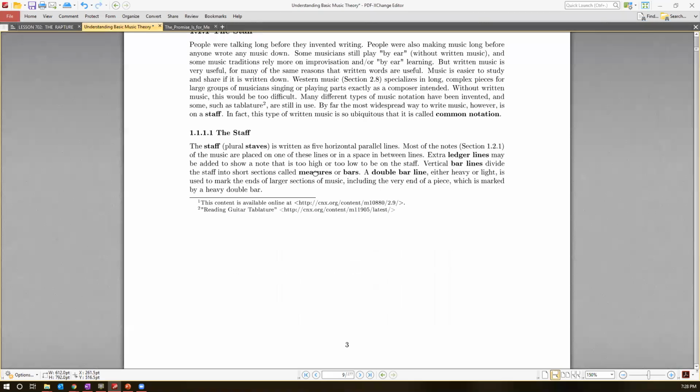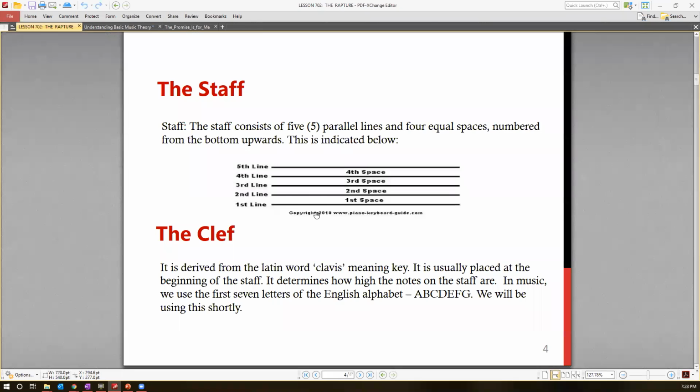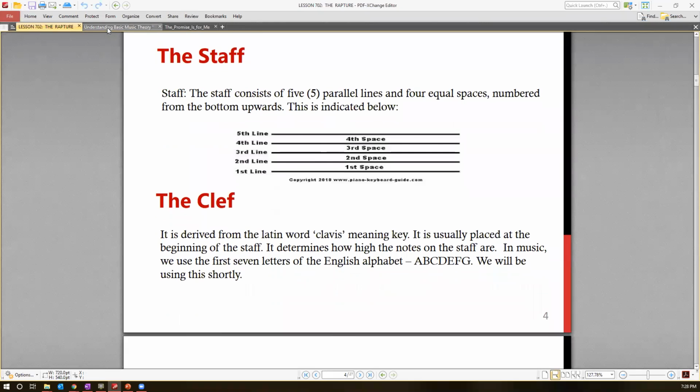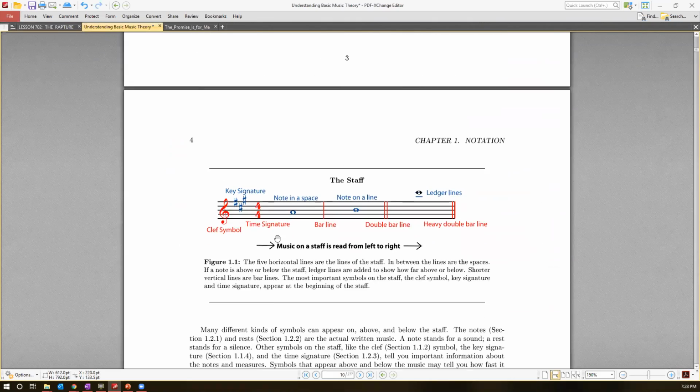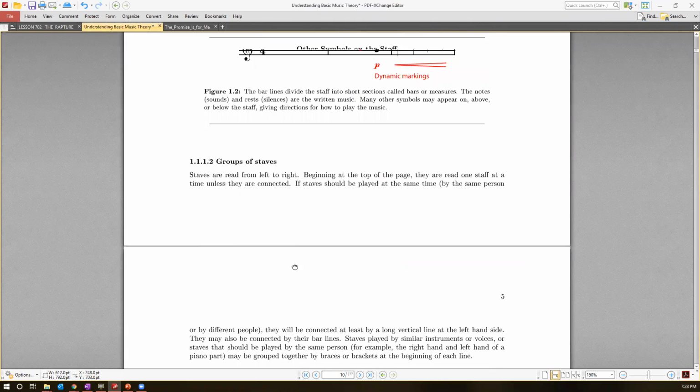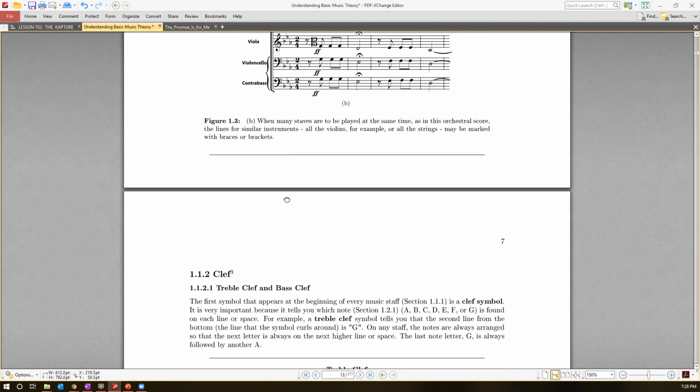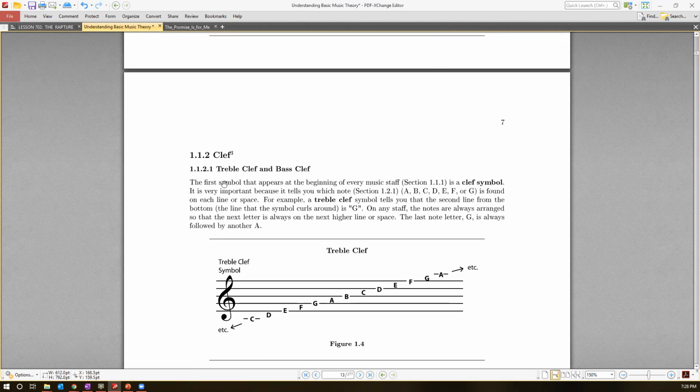So we would continue with the clef. The first symbol that appears at the beginning of every music staff is a clef symbol.